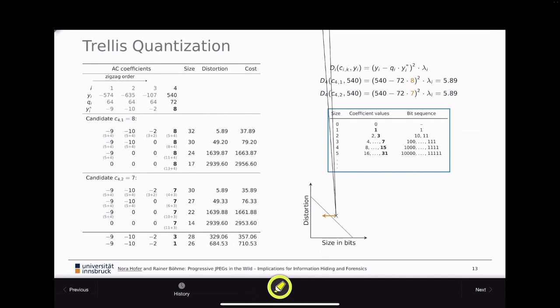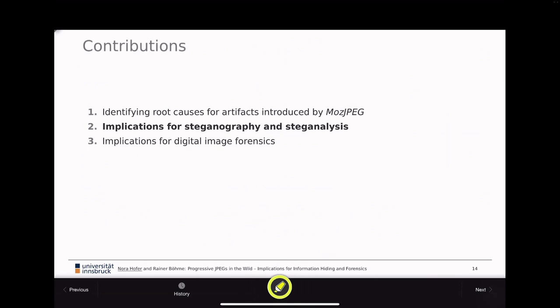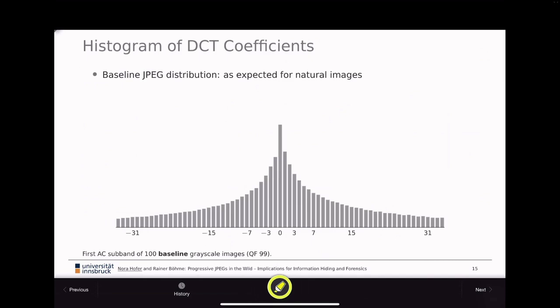Now that we see how this works, let's look at the implications that these changes have for the field of steganography and steganalysis. What we can see here is the frequency distribution of the first AC subband of 100 grayscale images that are compressed using baseline JPEG.